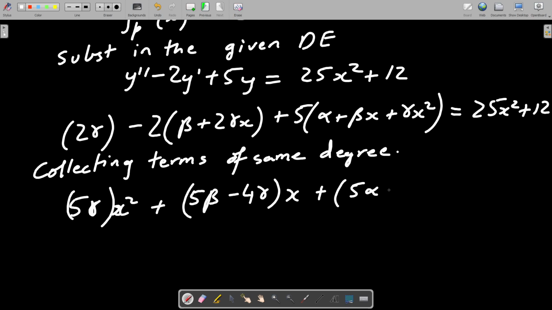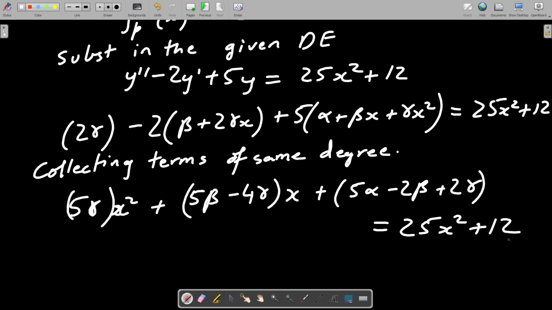And the constant is 5 alpha minus 2 beta plus 2 gamma. Okay, this is what I will get. Correct, is it? Just check.